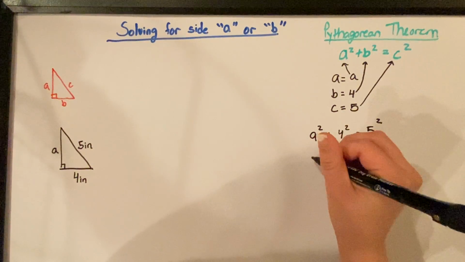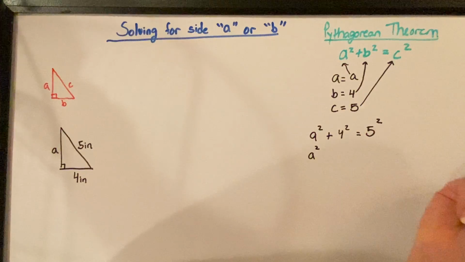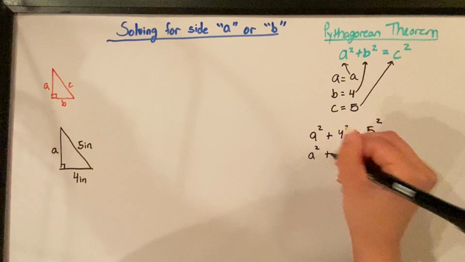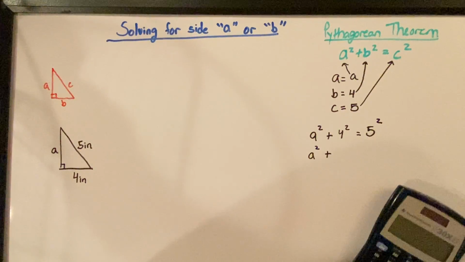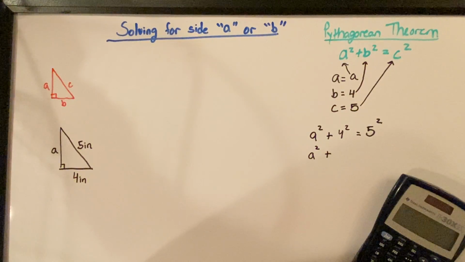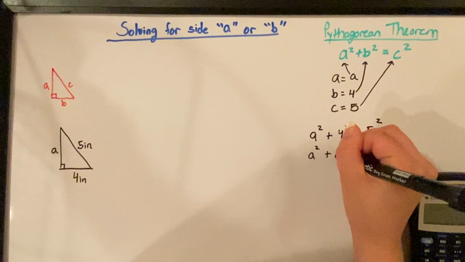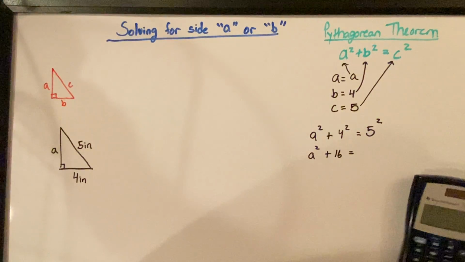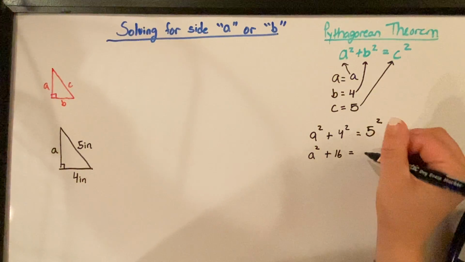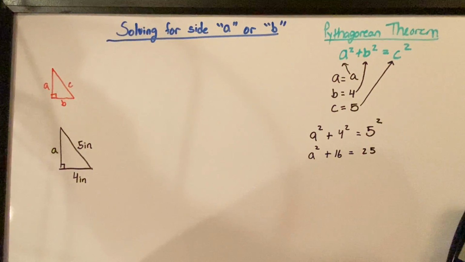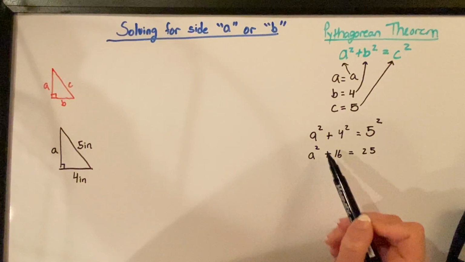A squared we cannot get rid of because we don't know what A is. So A squared plus 4 squared, use your calculator, is 16, equals 5 squared, and that's 25. Perfection.